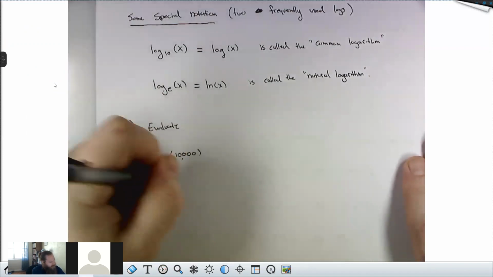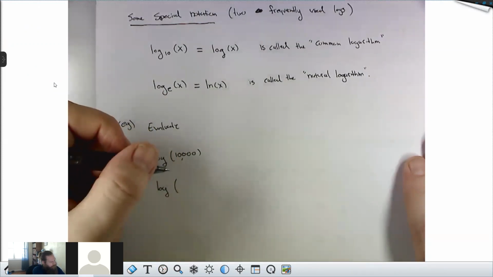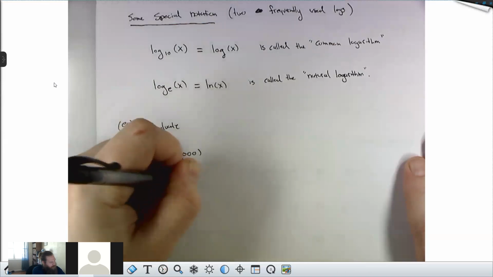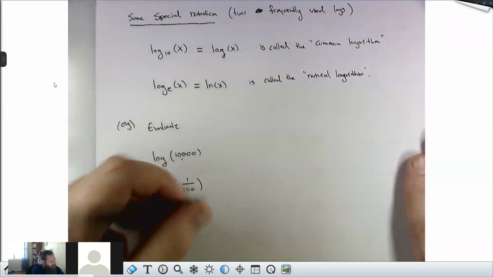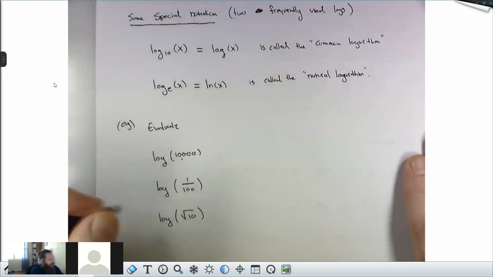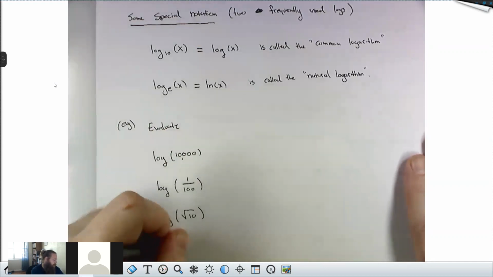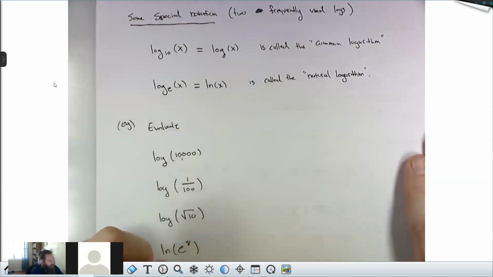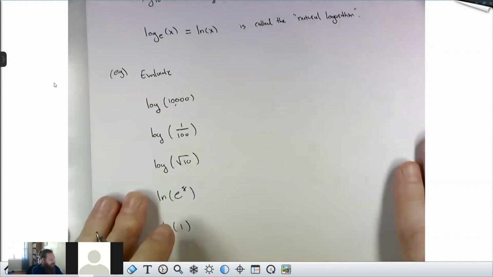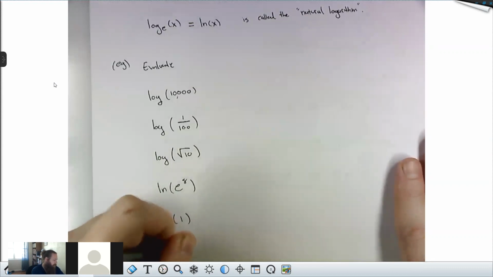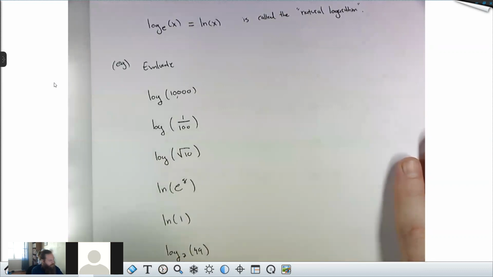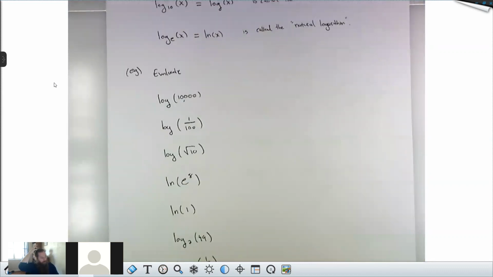The log of 1 over 100, and the log of the square root of 10. We'll also evaluate the ln of e to the 8, the ln of 1. And while we're here, let's do a few others. How about the base 7 log of 49, and the base 3 log of 1 over 81. Plenty of practice here.